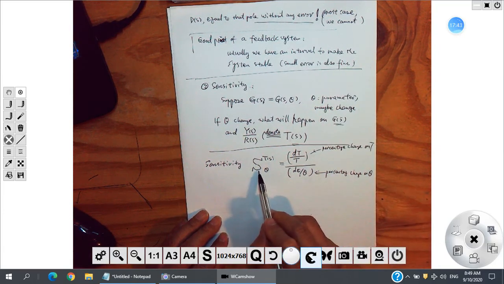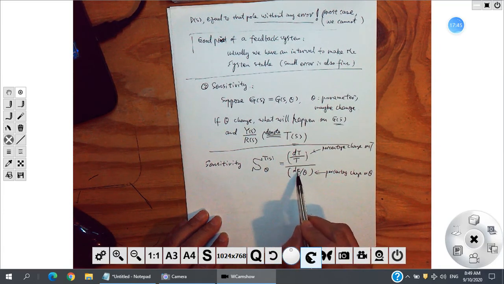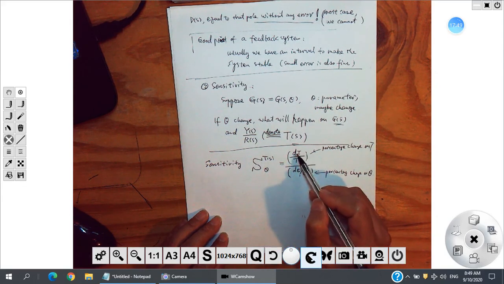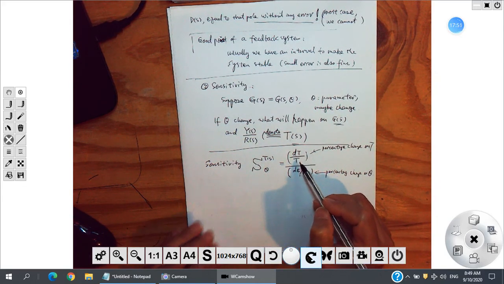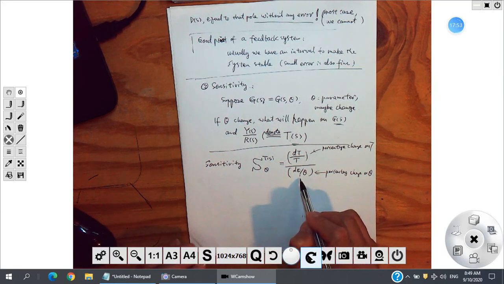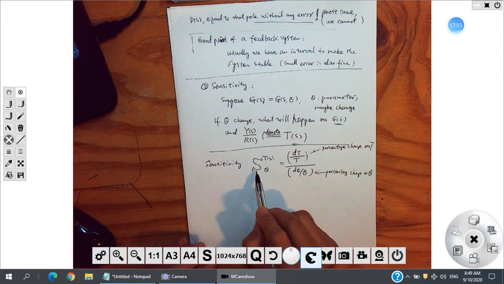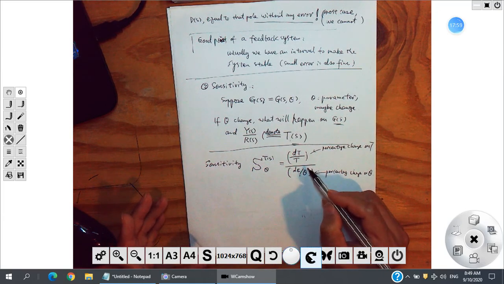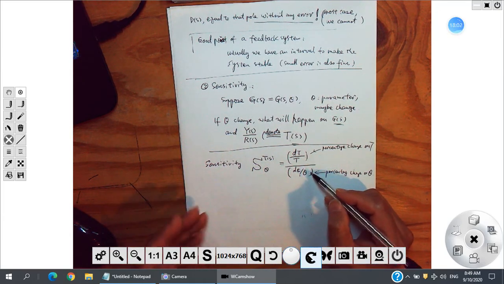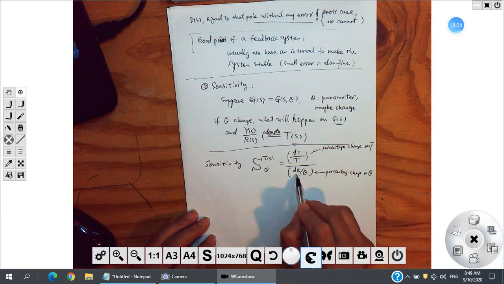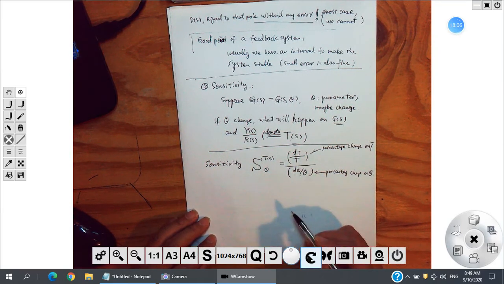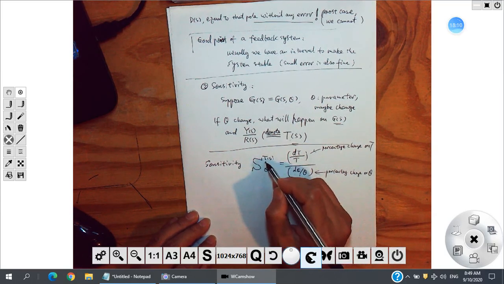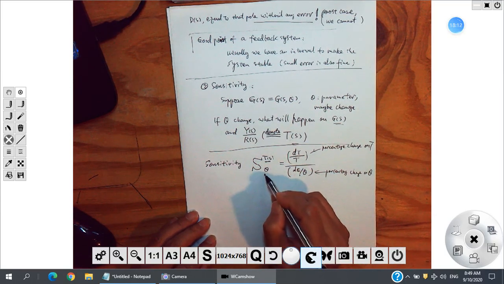If this is small, the change on T is even smaller than the change on theta. If this is larger than 1, it increases the change: a small change on theta causes a large change on T. So this is the sensitivity of this transfer function with respect to parameter theta.